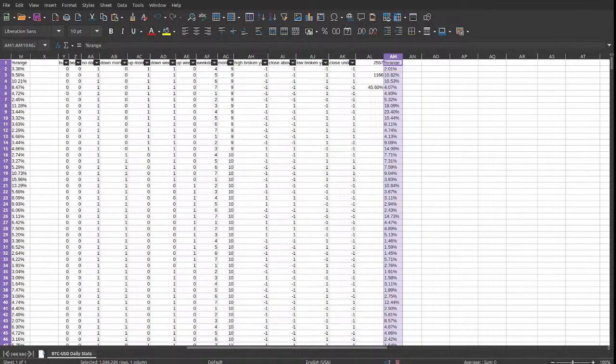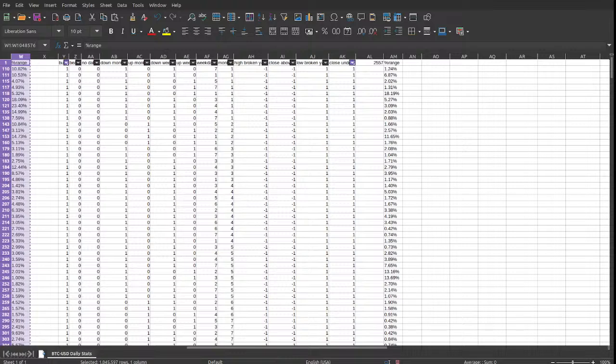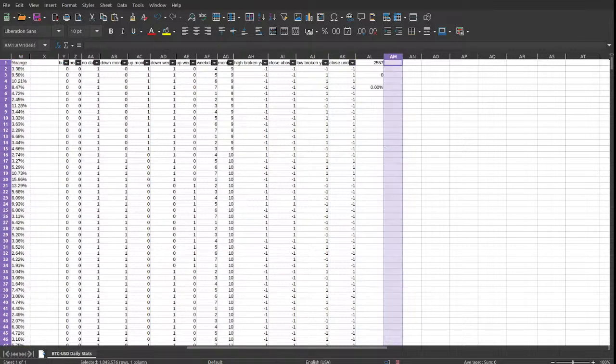We'll call that 45. Close under. And this could be 18%. Taking both sides of the market.